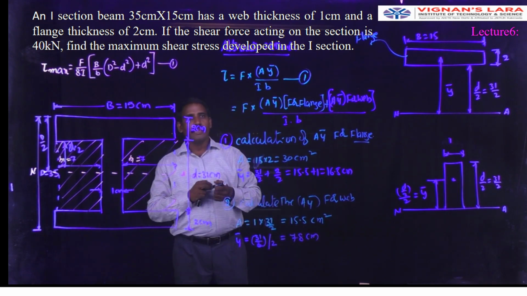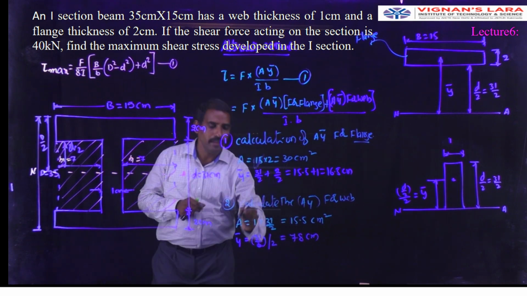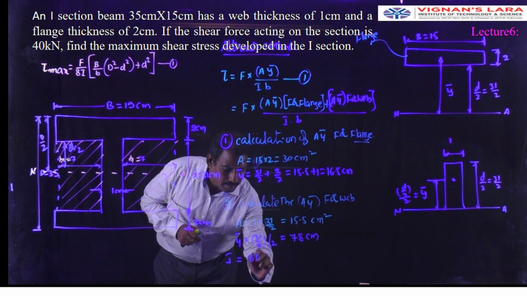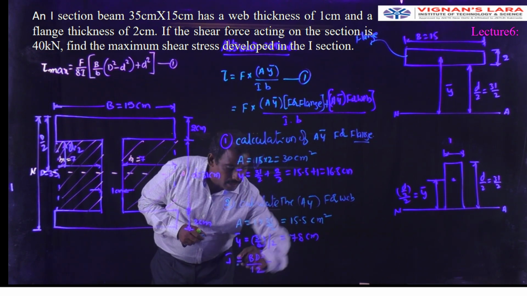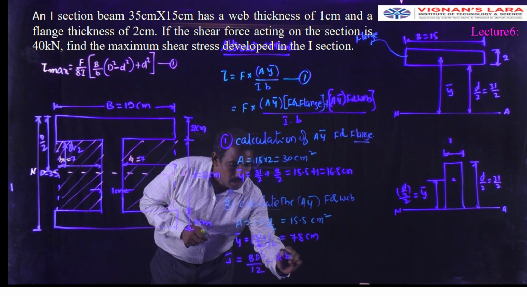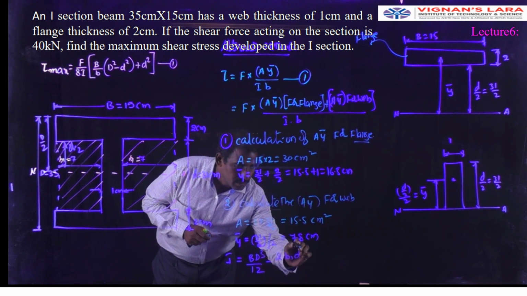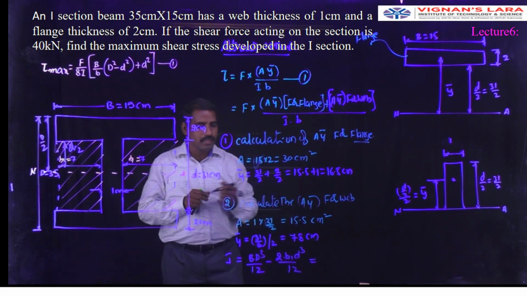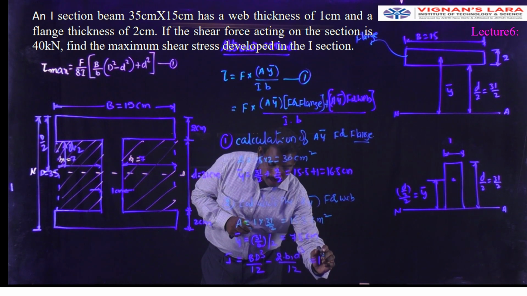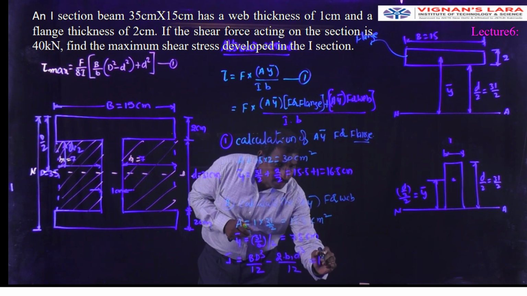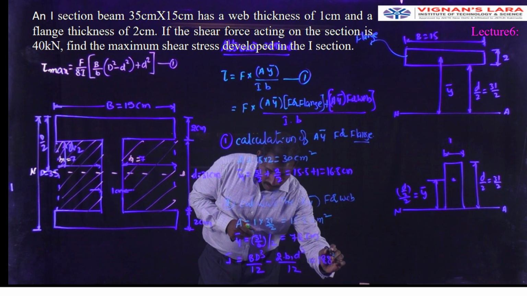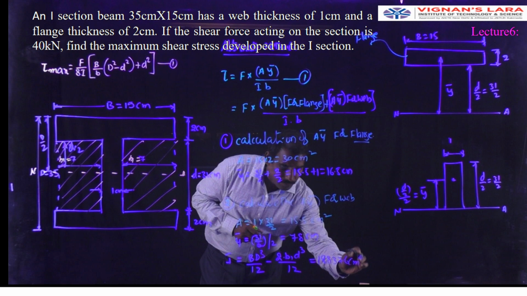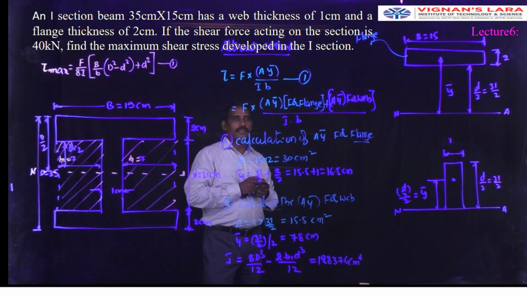We already calculated the moment of inertia I, which is BT cube by 12 minus 2 into B1 D cube by 12, from the geometry. After substituting all these values, finally the moment of inertia of the I section about its neutral axis is 18837.6 centimeter to the power 4.